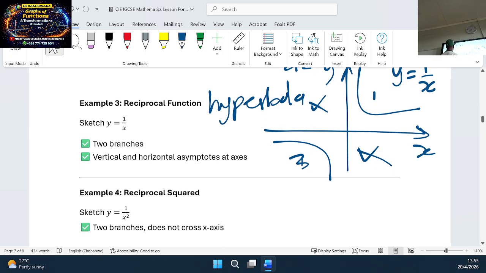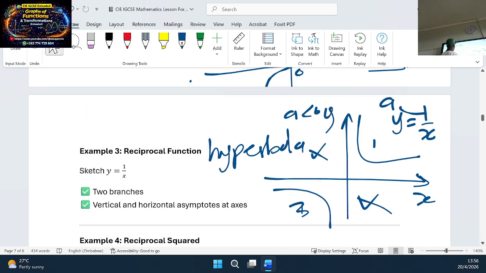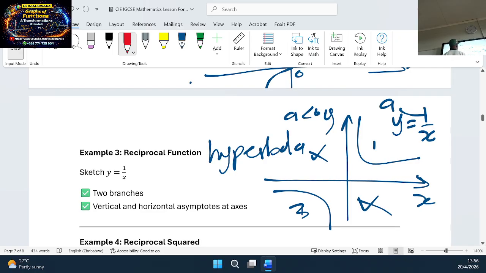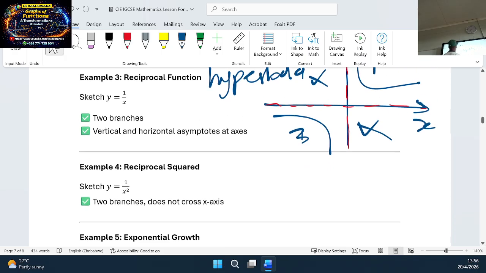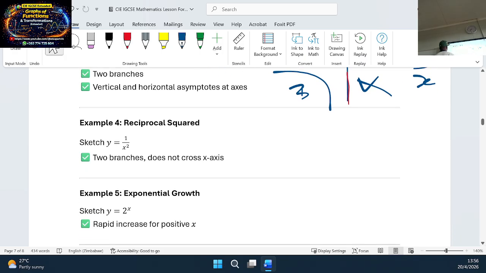Then the fourth example. Again, one thing to note is this graph, which is called a hyperbola, has lines that we call asymptotes. In other words, these are lines the curve will never touch. It might get as close as possible, but it doesn't touch those points.